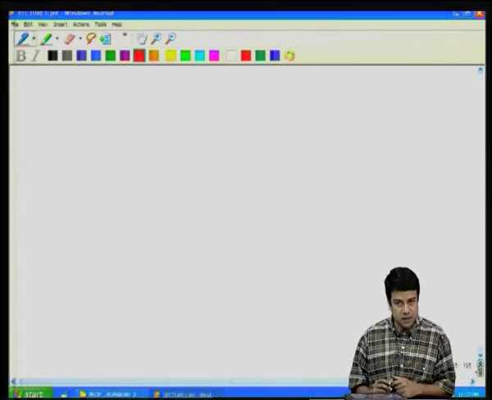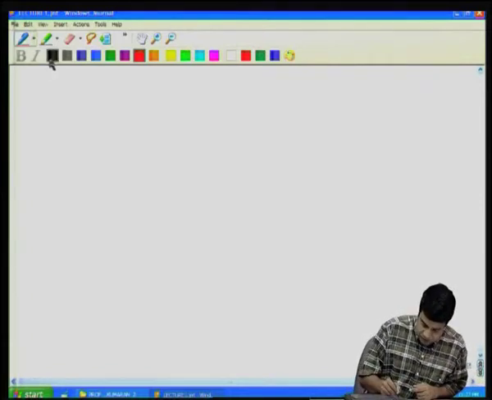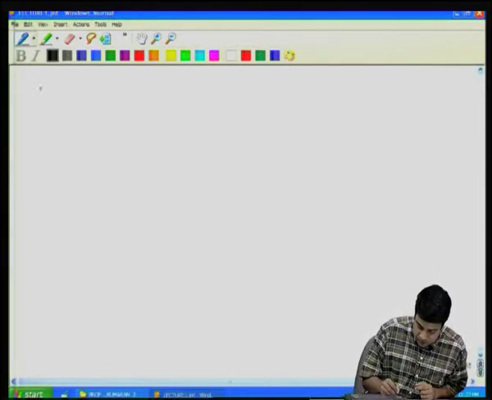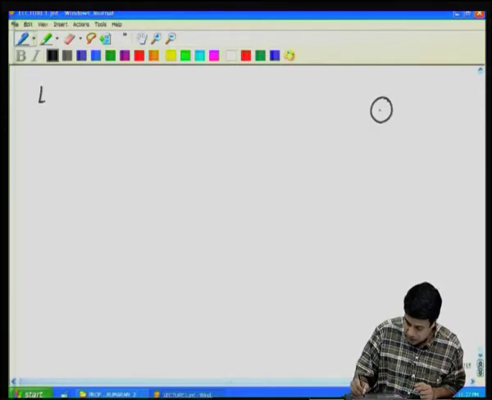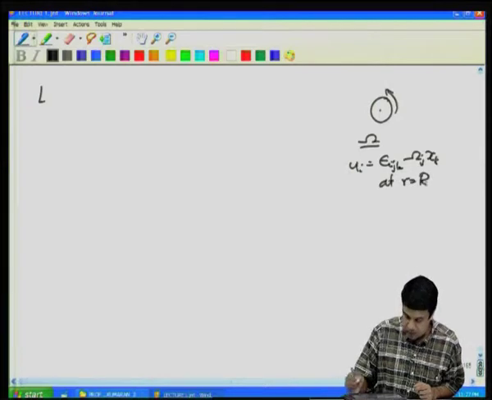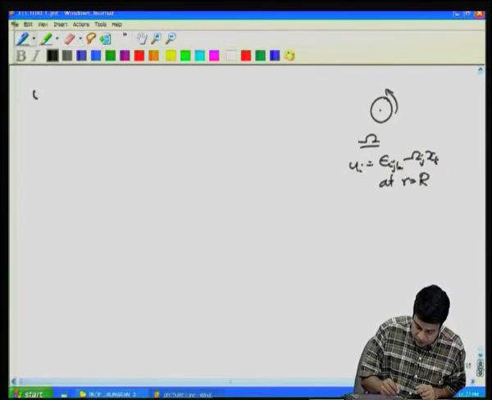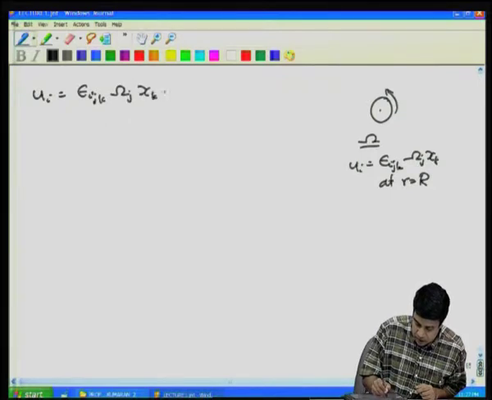The other thing, the antisymmetric force moment, is basically the response to a rotational flow. So, for example, we found out that for a particle that is rotating with angular velocity omega, so that u_i is equal to epsilon_ijk omega_j x_k at r equal to capital R, we had solved this once again, and we obtained the velocity field as u_i equal to epsilon_ijk omega_j x_k R cubed by r cubed.